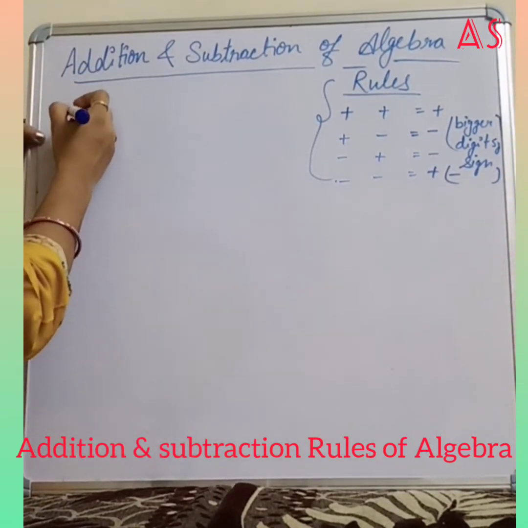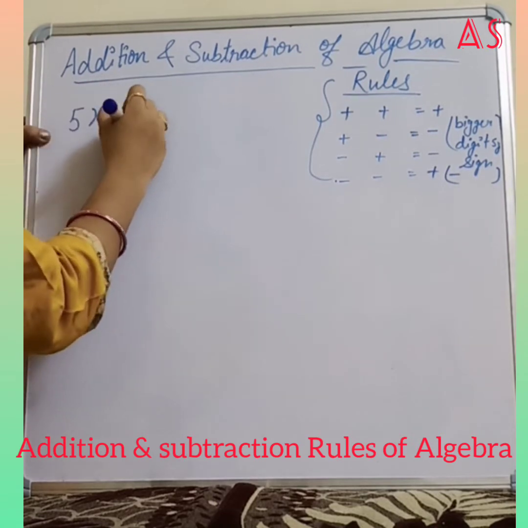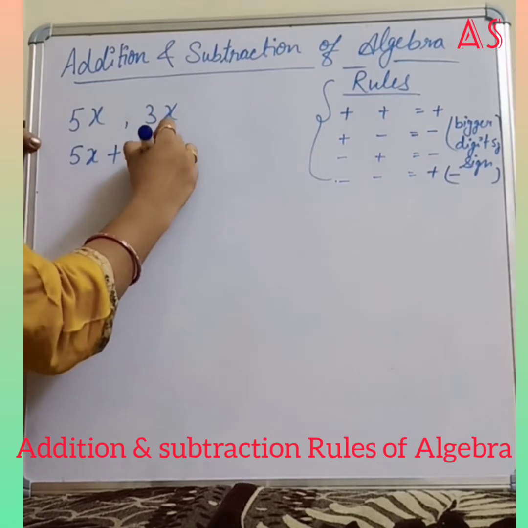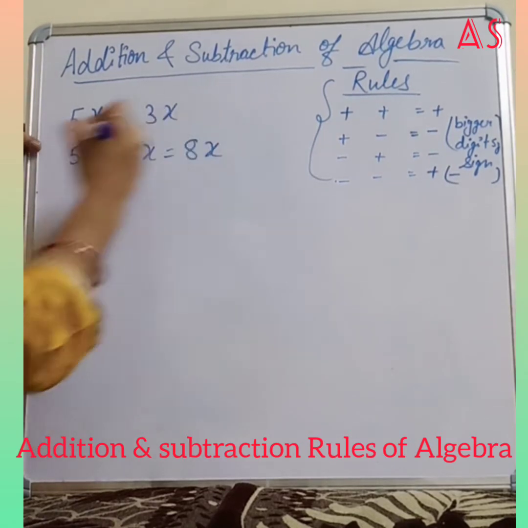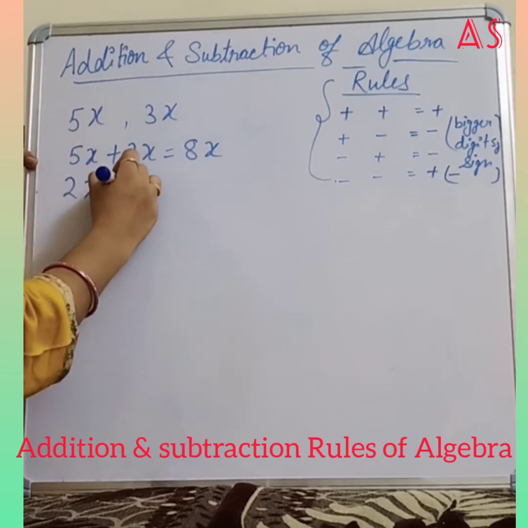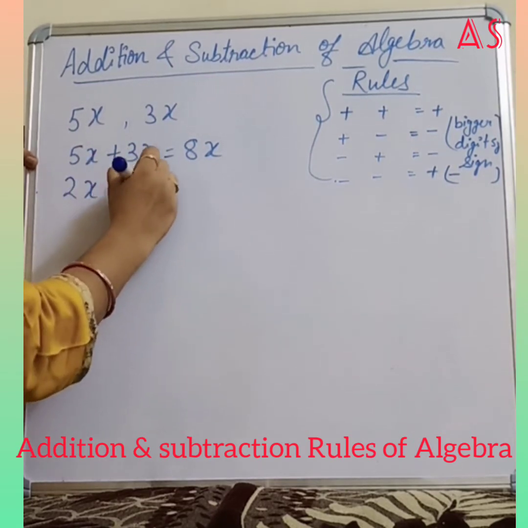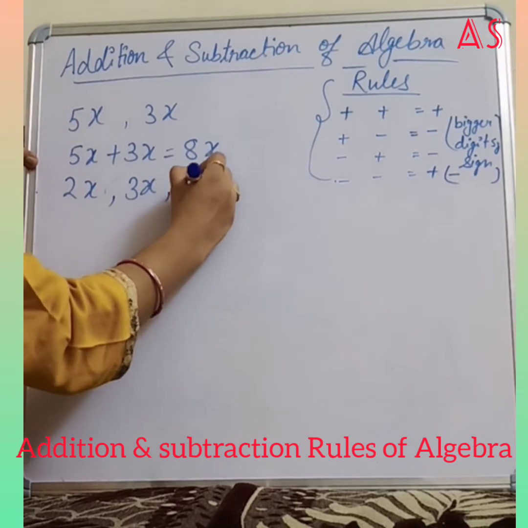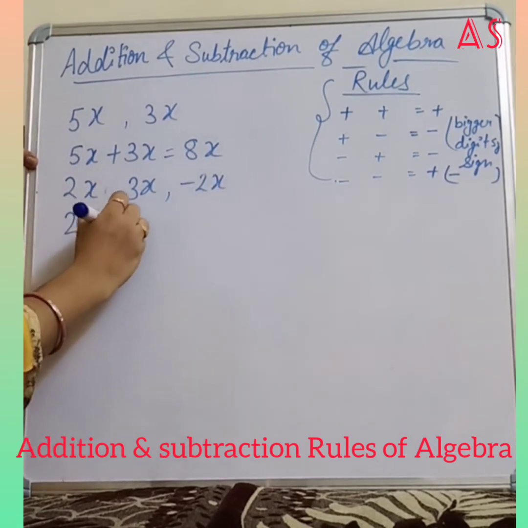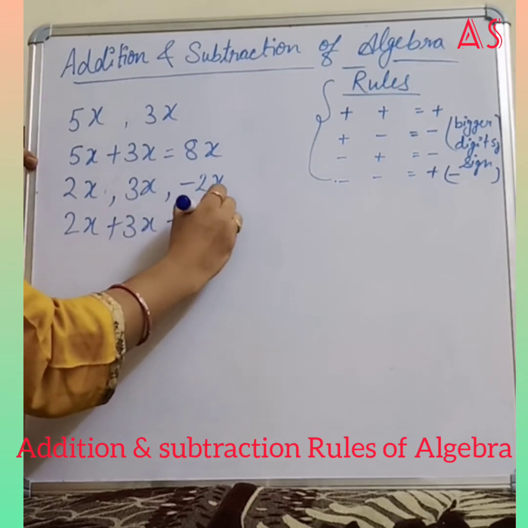Okay, so simple, how to add. If like variables we have 5x, 3x, how to add? 5x plus 3x is 8x. Simple, we will add. Now 2x, 3x, minus 2x. How to add? 2x plus 3x minus 2x.